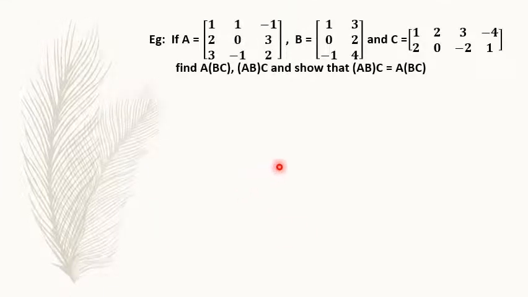Here is an example. Three matrices A, B, C are given. We need to find A(BC), (AB)C and show that (AB)C is the same as A(BC). For that, first we can find (AB)C.